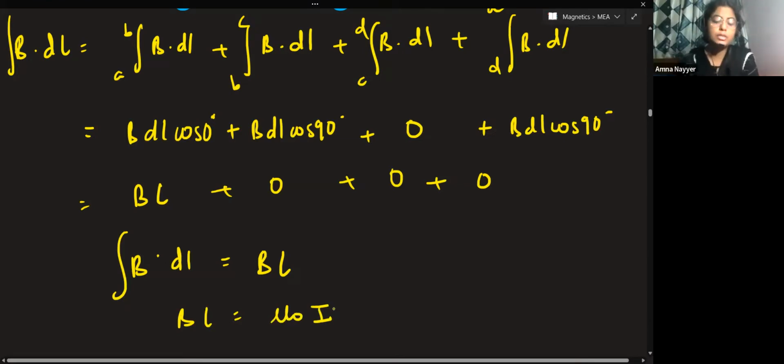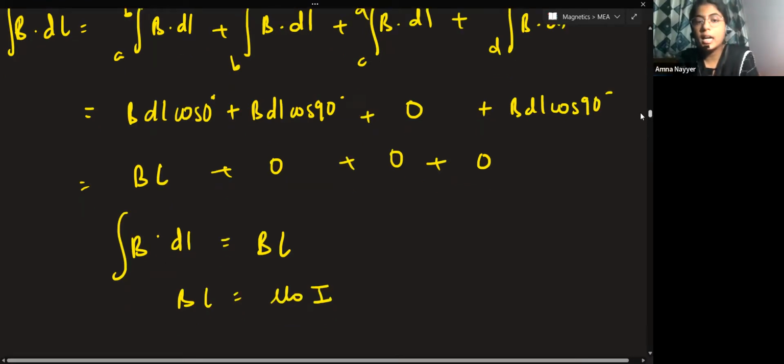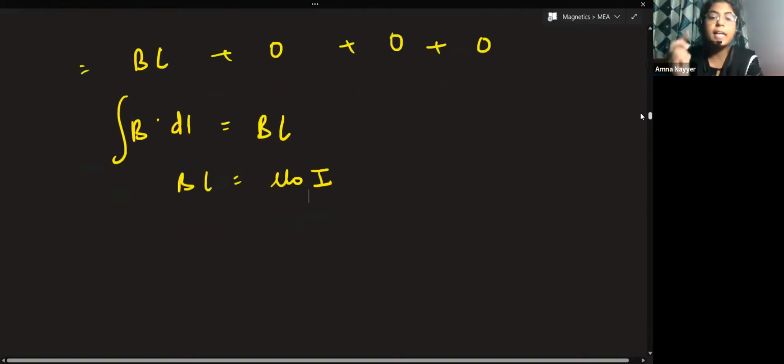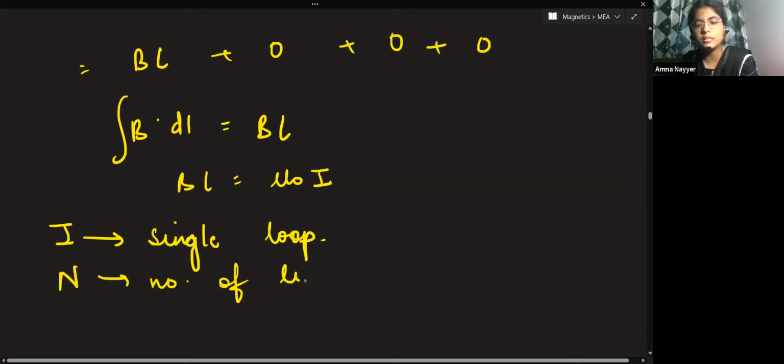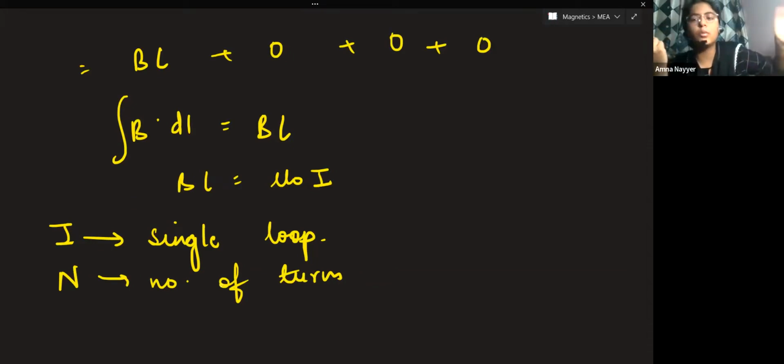Now see one thing. Current I is what? Right now, this current I is for a single loop. So if n is the number of turns, then for a single loop it was I. So for n number of turns, what will it be? Any guesses?